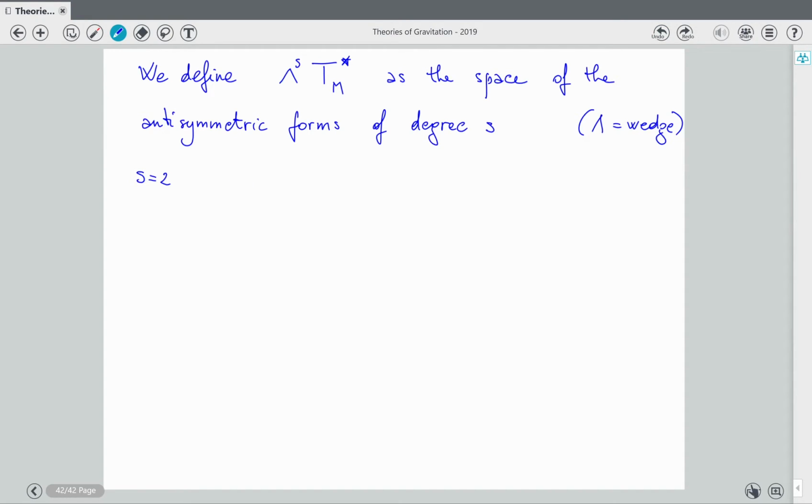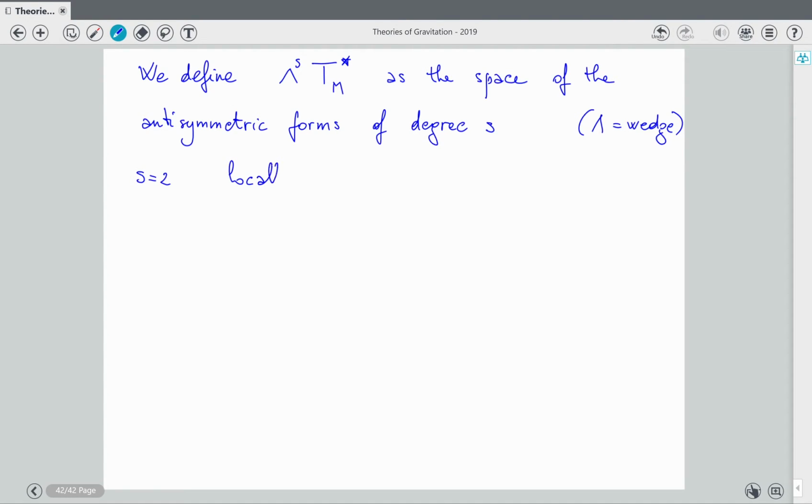In case s equal 2, we can always proceed as previously. We give the definition locally, and then the rules for the change of coordinates will apply to all the factors of this product. Wedge is a wedge product, so it's sort of a product. And then you have the definition on the entire manifold.